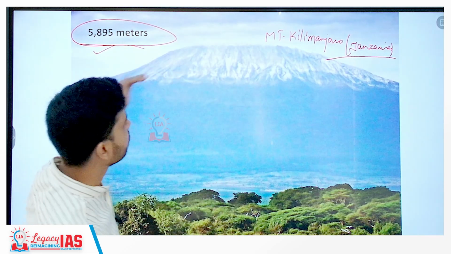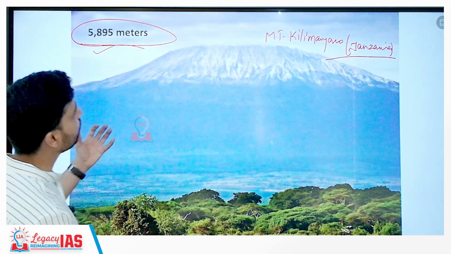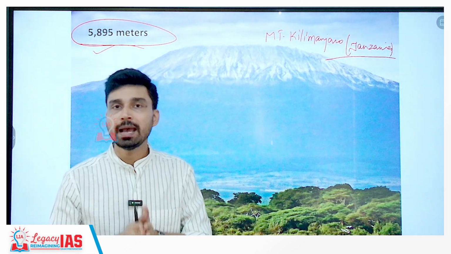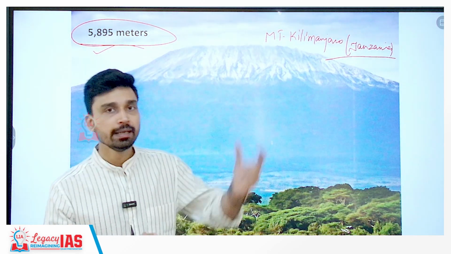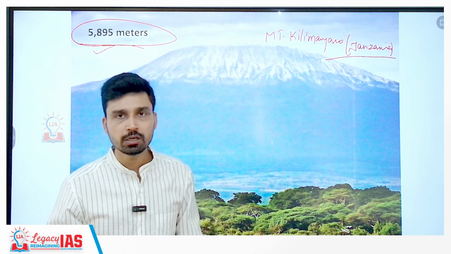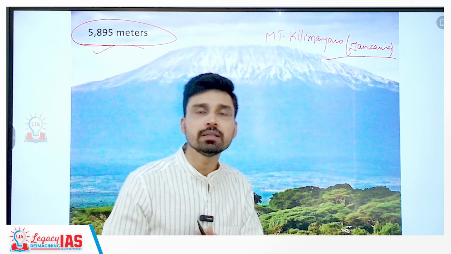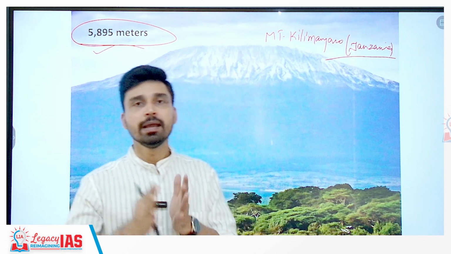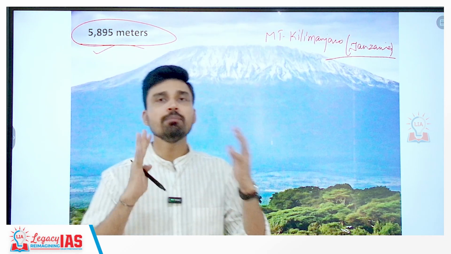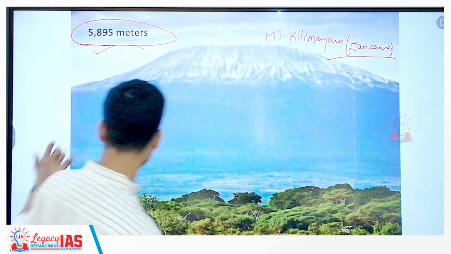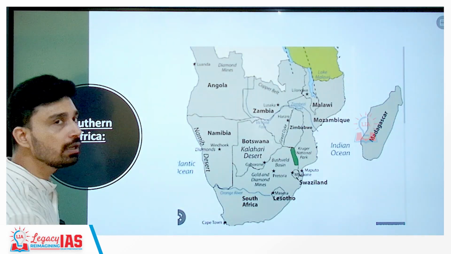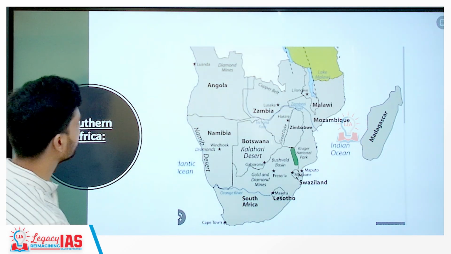It is an example of a volcanic mountain that has formed due to volcanic eruption, and most interestingly, Mount Kilimanjaro is also the highest or tallest free-standing mountain in the world. Free-standing mountain means it is not part of any mountain range. This peak is a single mountain in itself, and around this area you will not find any other mountain. So, tallest free-standing mountain in the world, highest peak of Africa, Mount Kilimanjaro.